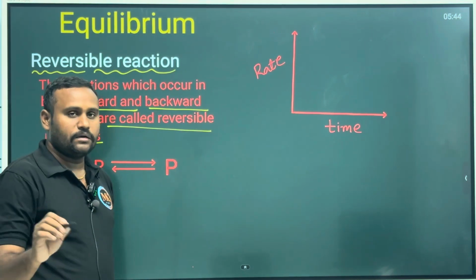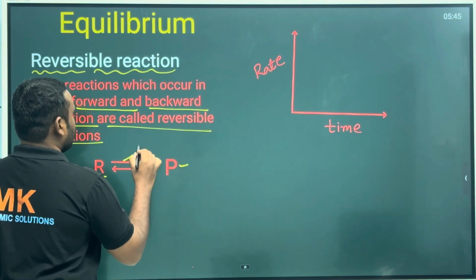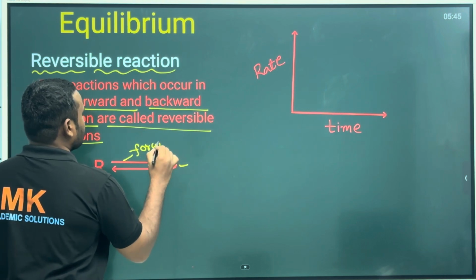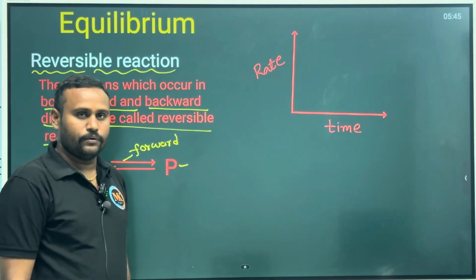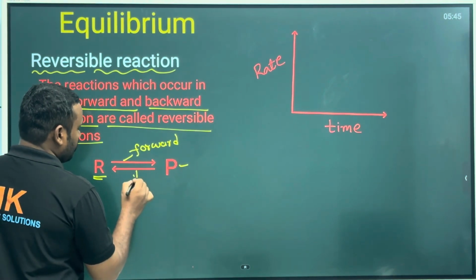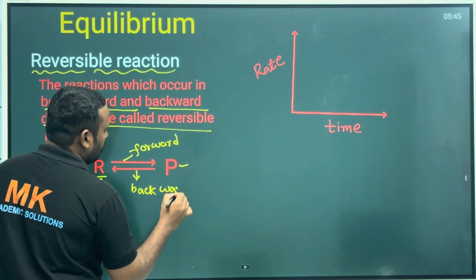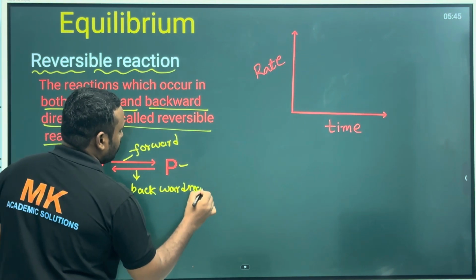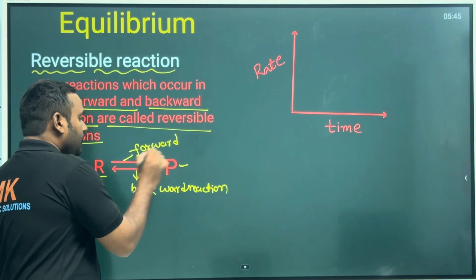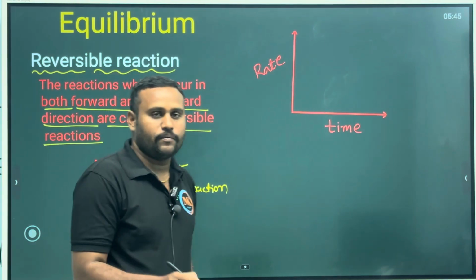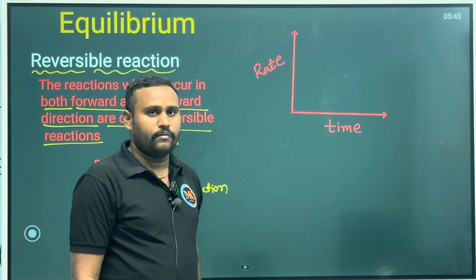Generally, if reactant R is converted into product, it is called the forward reaction, whereas if product is again converted into reactant, that is called the backward reaction.